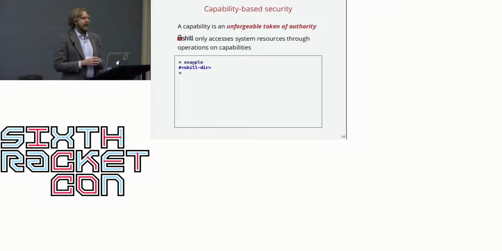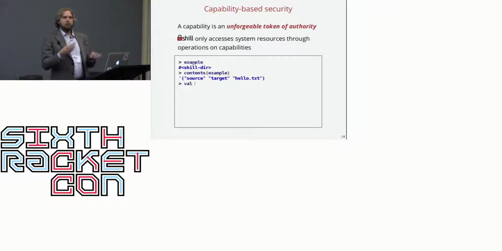Let me give you an example. Suppose I had some example capability around here. This is for a directory on my system. I can use this to do operations on my system. For example, I can list the contents of a directory. But it also gives me access to do more interesting things.